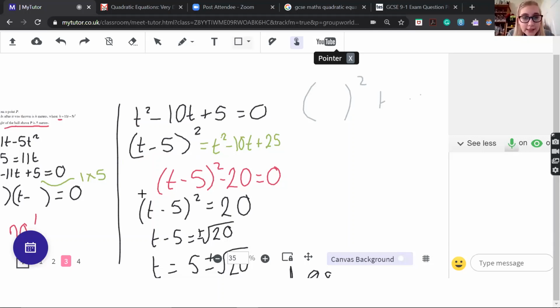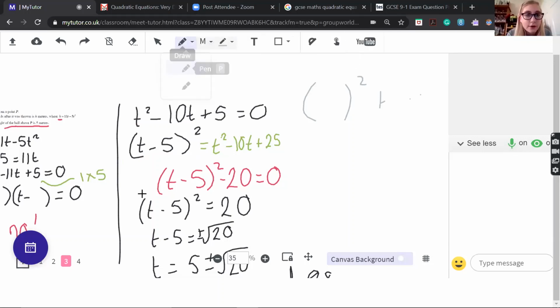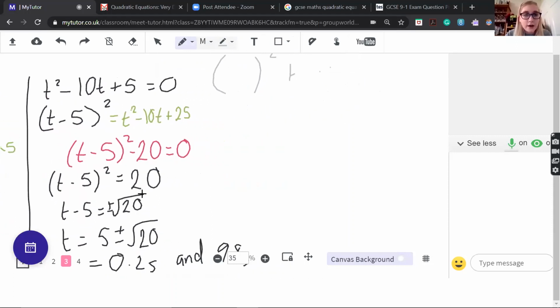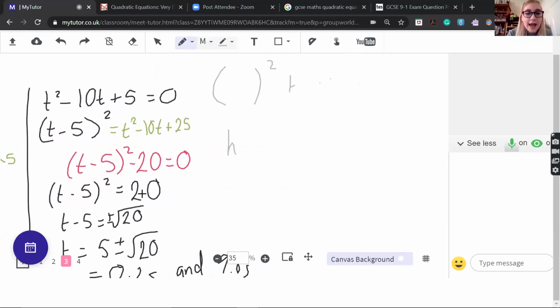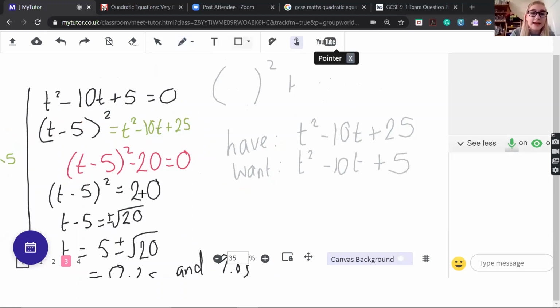So I'll write it here. What we have at the moment with this thing squared is t squared minus 10t plus 25. And what we want is t squared minus 10t plus 5. So that's what we have by expanding that out, and that's what we want. That's our question.